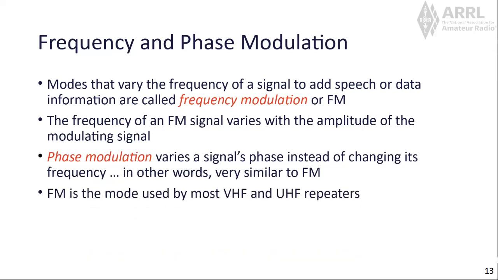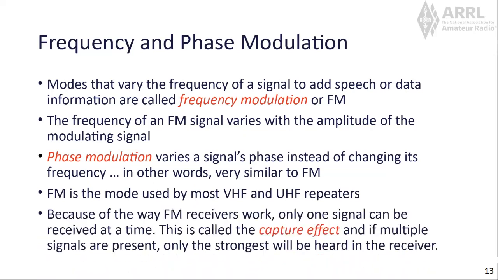FM is the mode most used by most VHF and UHF repeaters. Because of the way FM receivers work, only one signal can be received at a time, and this is called the capture effect. If multiple signals are present, only the strongest will be heard in the receiver.